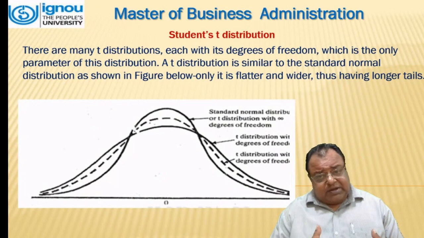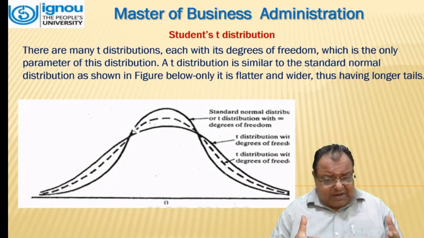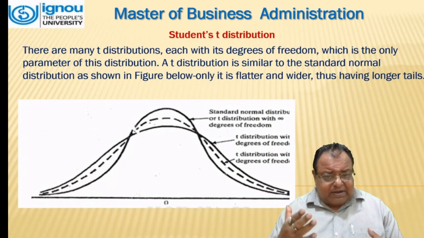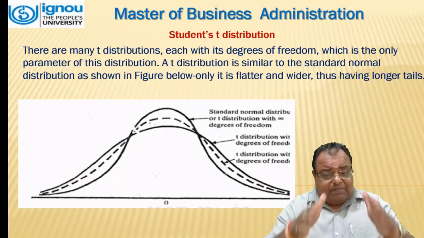A t distribution is similar to the standard normal distribution. You can see in the figure that by increasing the degrees of freedom, the curve keeps changing shape. At the top is the standard normal distribution, or the t distribution with infinite degrees of freedom.